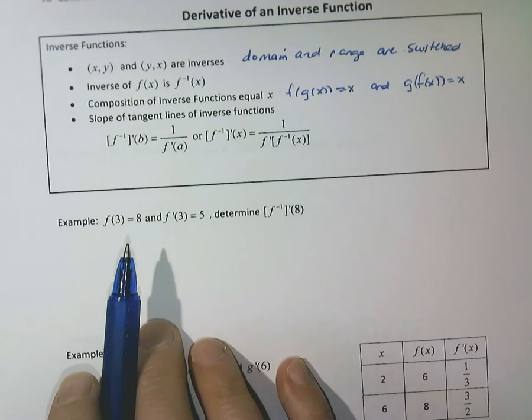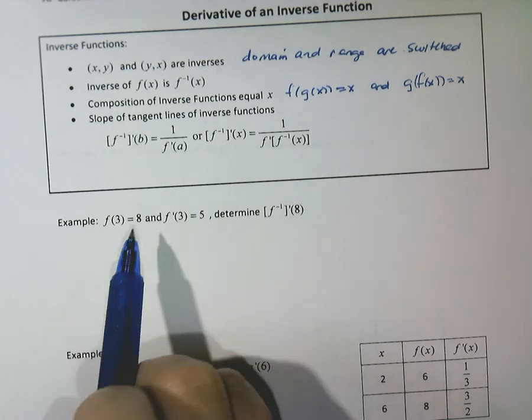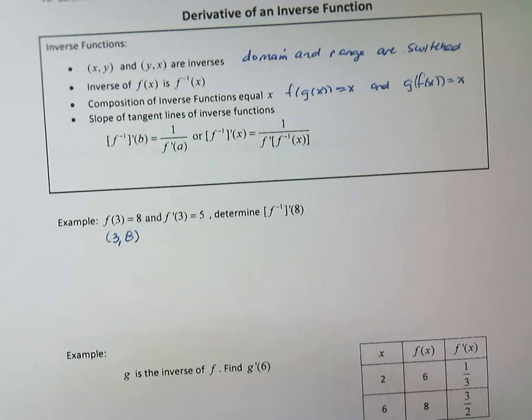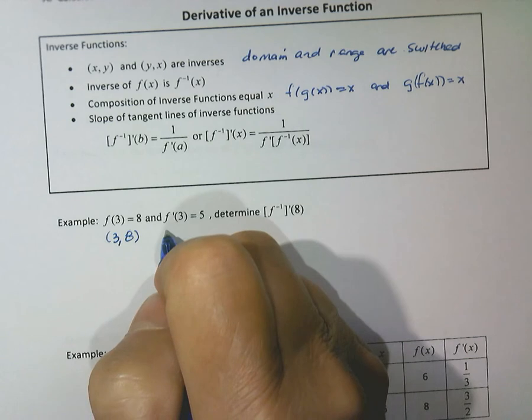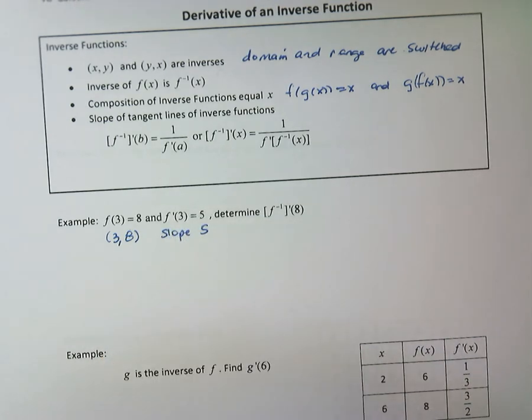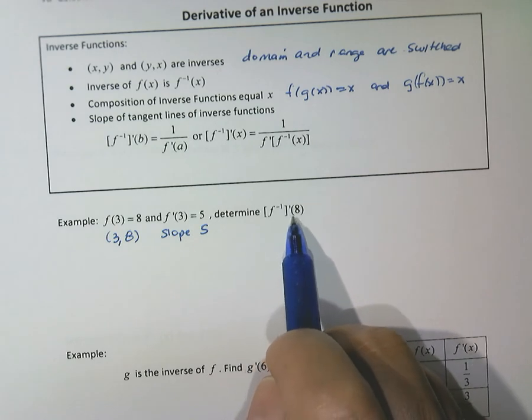So when I do these problems, I start out by writing things in a different way. It makes it easier for me to look at. So if I know f of 3 equals 8, I'm going to write this as the point 3, 8. And I know my slope is 5 because this is the derivative. So I want to find the inverse derivative of 8.